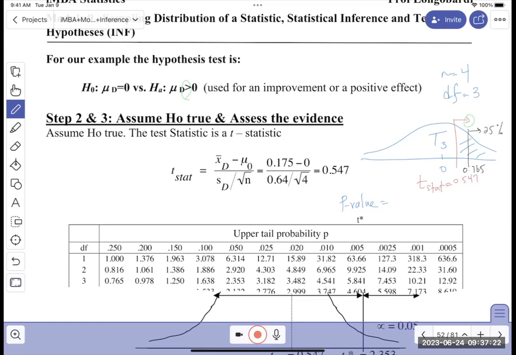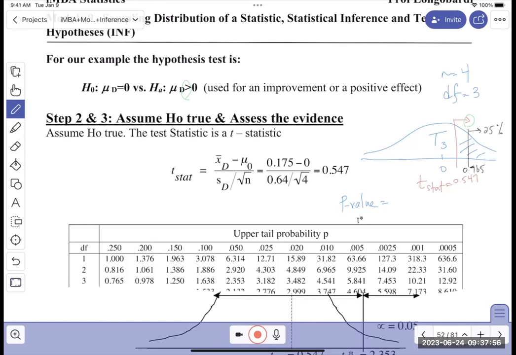So how do we, using this, how do we summarize? Cannot reject the null hypothesis.